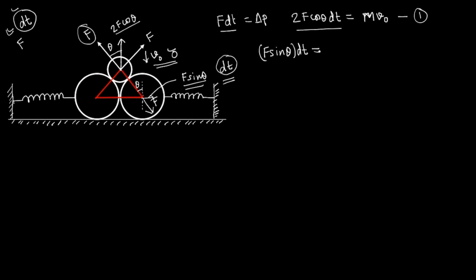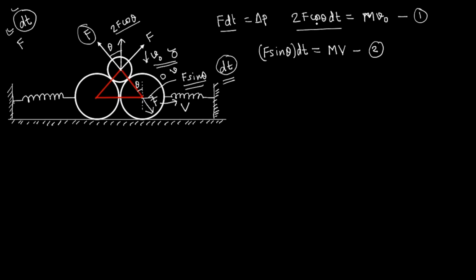This impulse will again be the change in the momentum. Initial velocity of the ball was 0. Let us say the final velocity of this ball became V just after the collision. That means the change in momentum is nothing but m times V. So this is the second equation.